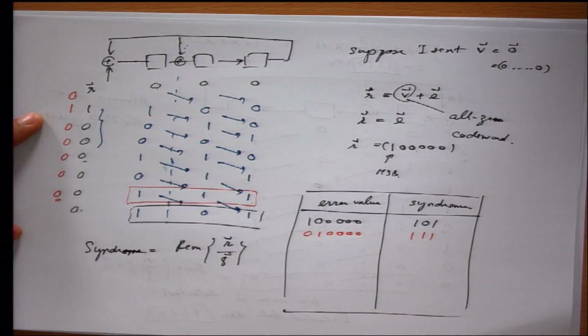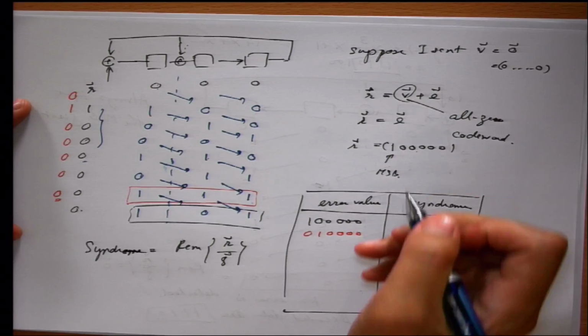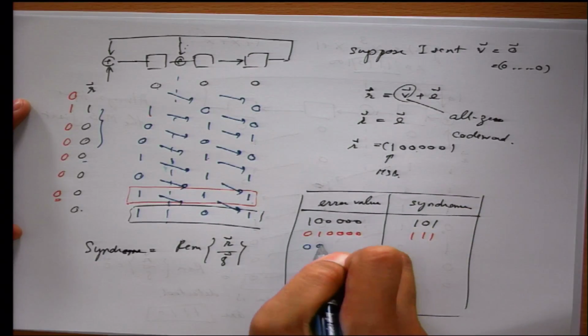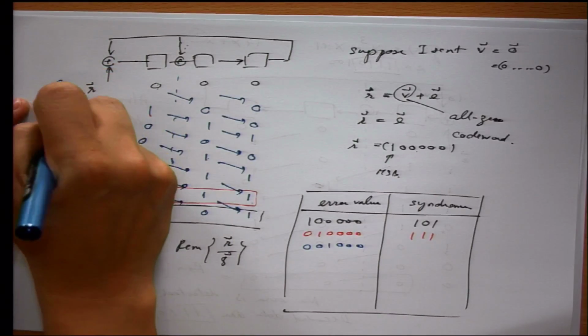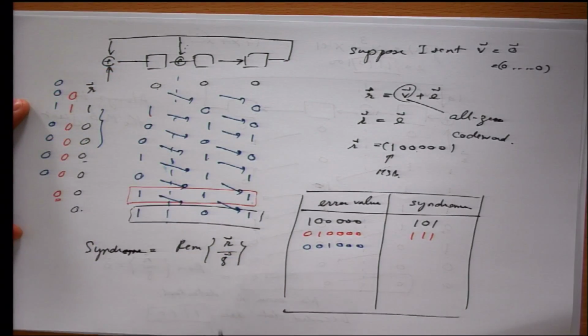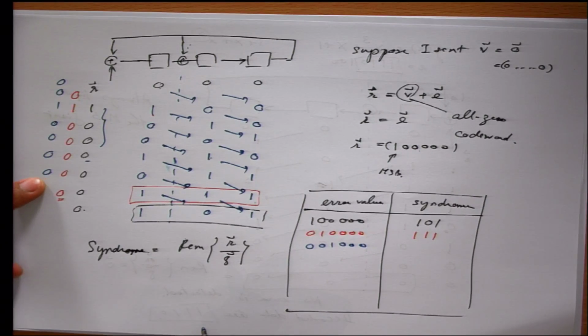Now, if I use another error, my error is like this. Again, the same as my received sequence, because I sent the code word as 0.